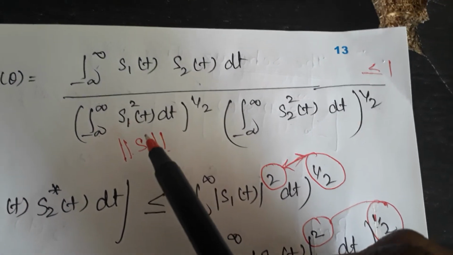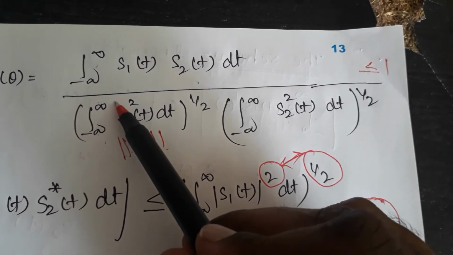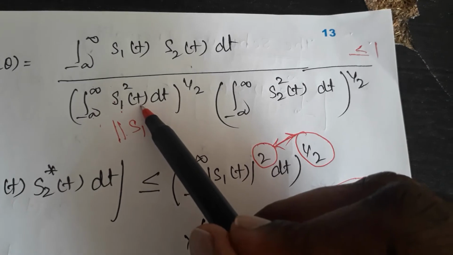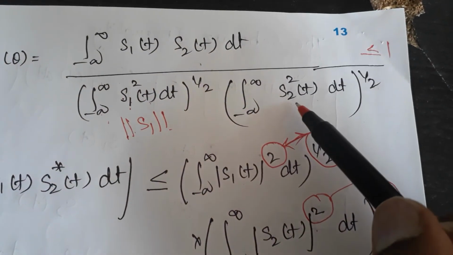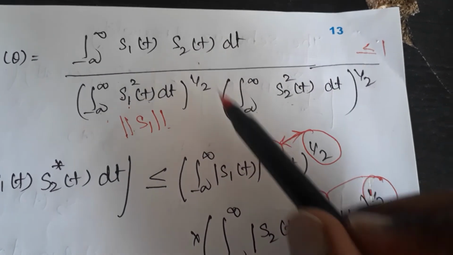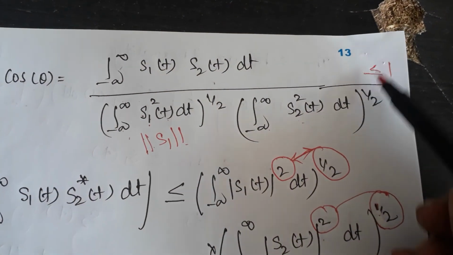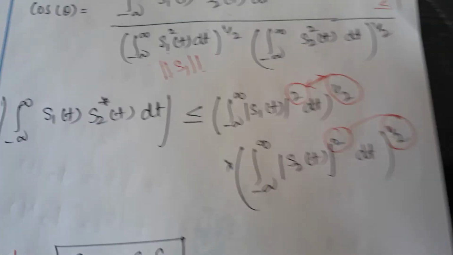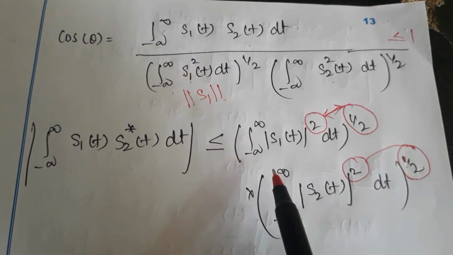I will repeat. Get the signal S1, integrate from minus infinity to plus infinity, square the signal dt, then put a root; that's the absolute value. Same for S2(t): square the signal, integrate, then put root. Everybody knows cos theta is less than or equal to 1. As a result, I have simplified.